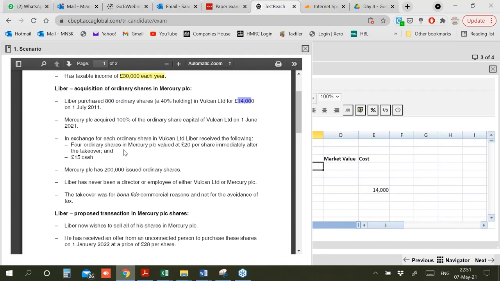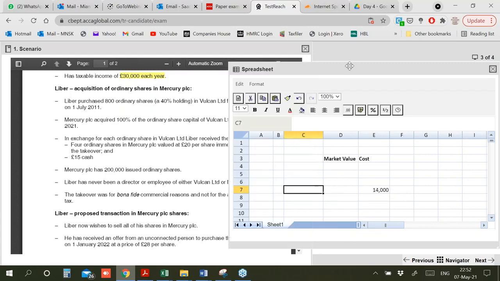Do remember that we can see here that as a result of the takeover, 4 ordinary shares in MPLC have been received for every share. So if I had 800 shares, I would have received 800 times 4, that is 3200 shares, and every share after the valuation was worth 20.